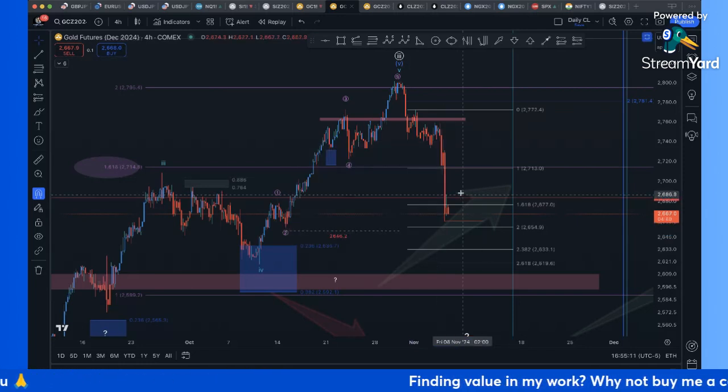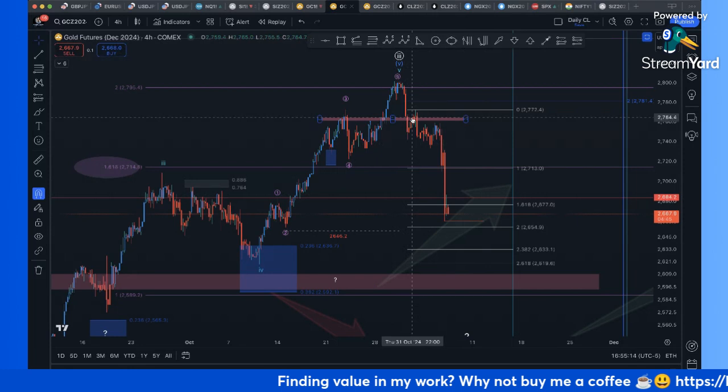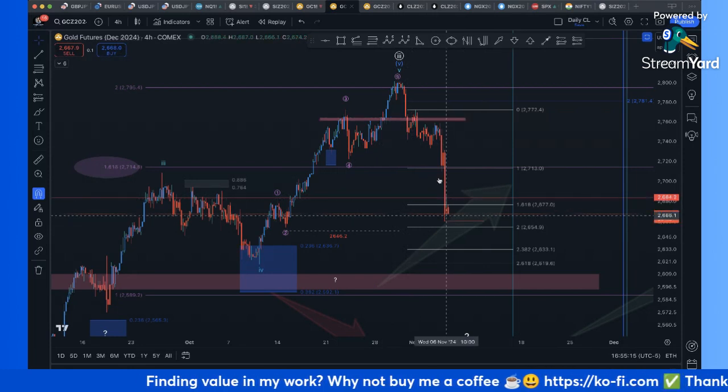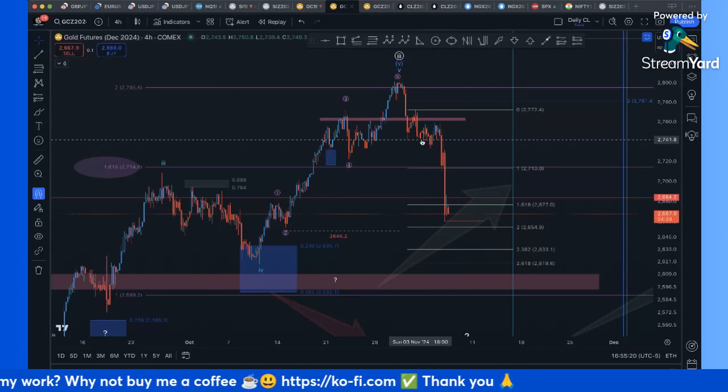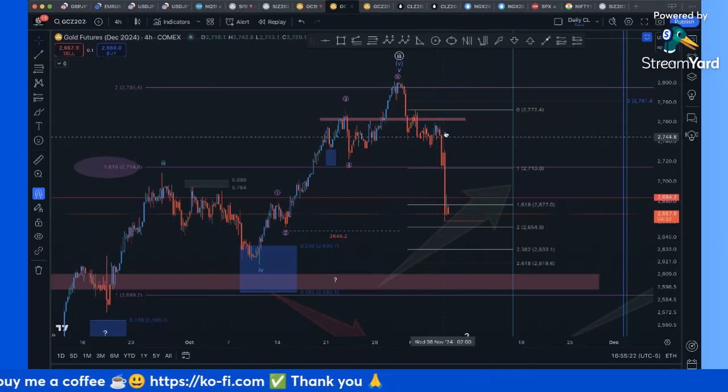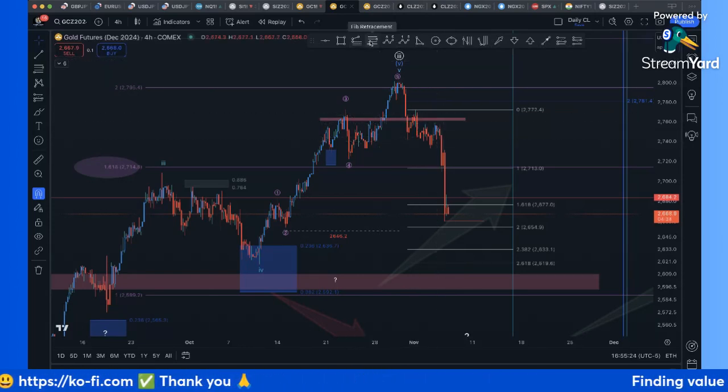It is possible. Let me see this for a second. 1, 2, 3. So inside of this would be, I'm just going to do some quick and dirty measurements.